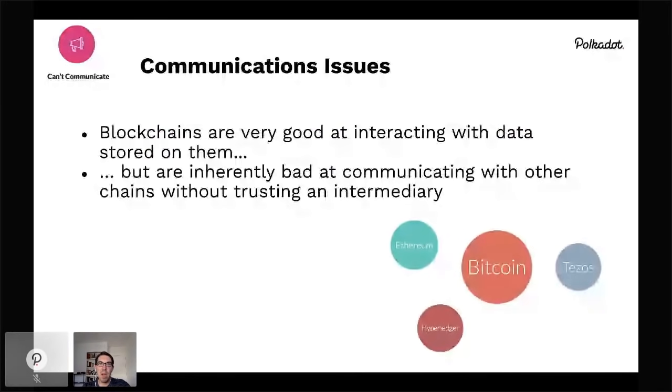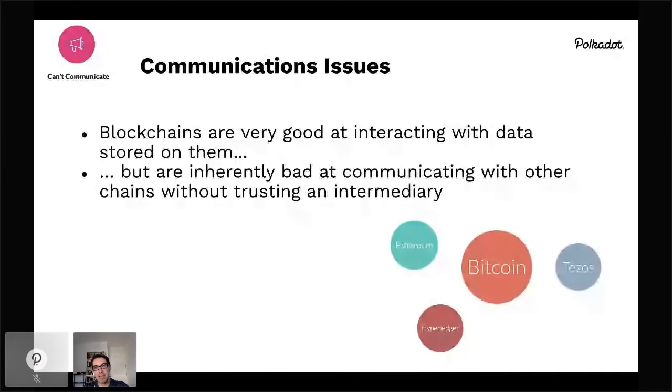So blockchains are very good at interacting with data stored on them, as long as everybody uses the same blockchain. Just like our example before, if everyone is using the same blockchain, then we can all check on each other. But if some people are using one blockchain and some are using another, then interacting between them is extremely difficult.